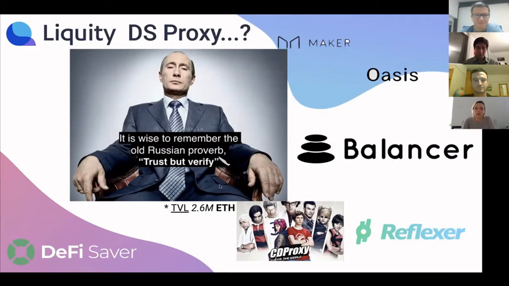And if you've used any of these dApps before, then you probably already have a DS proxy associated with your Ethereum address. So if you just use the same Ethereum address to open a Trove on Liquity, then all you need to do is register inside of Liquity's proxy registry. That's just an association between all borrowers and their DS proxies if they have them. So it's very cheap, doesn't take a lot of gas.